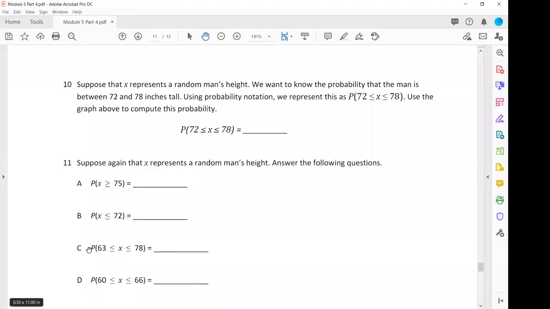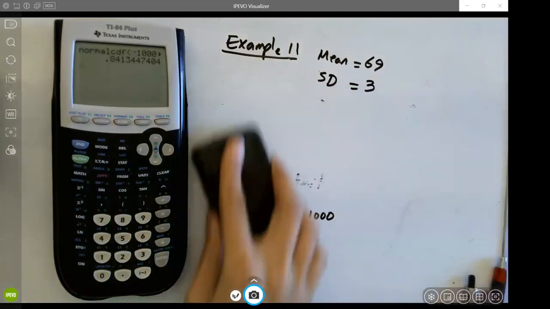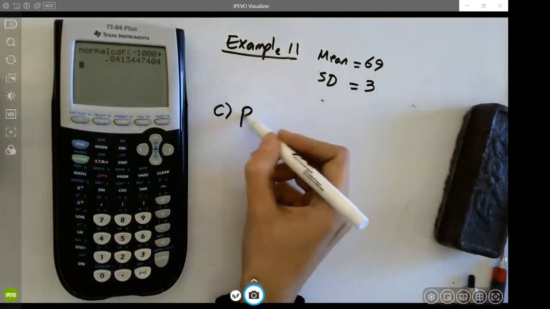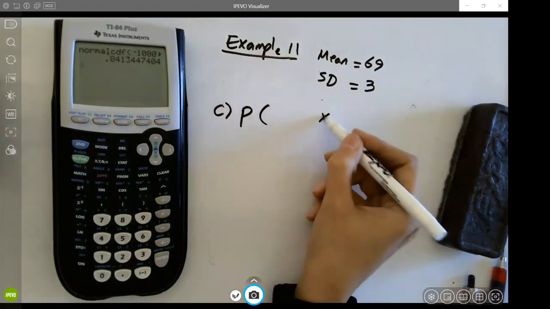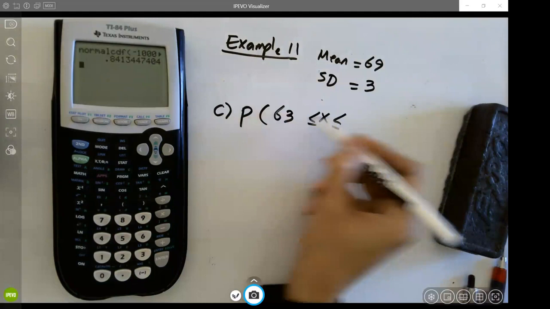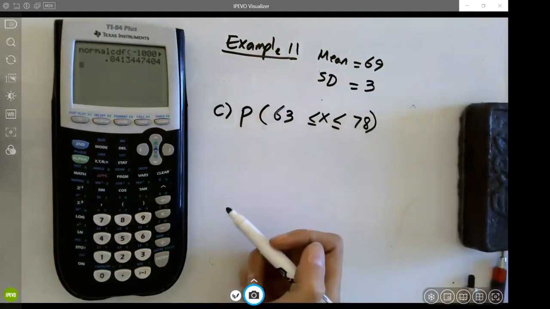Let us take a look at part C. It says, find the probability that X is in between 63 and 78. So part C, find the probability that you randomly select a person and that person's height is in between 63 to 78 inches.